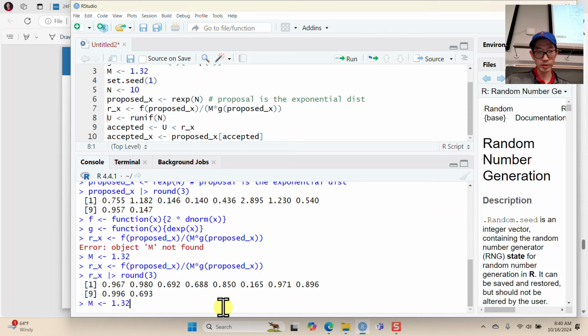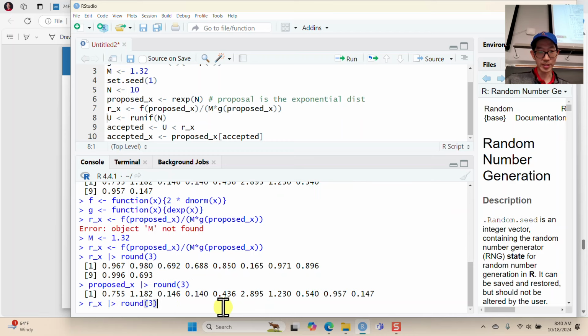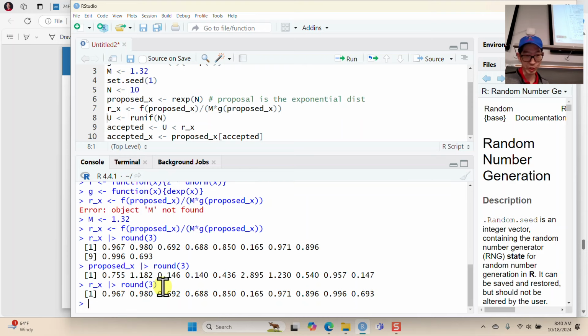Let me plot the proposed values of x and the acceptance ratios.